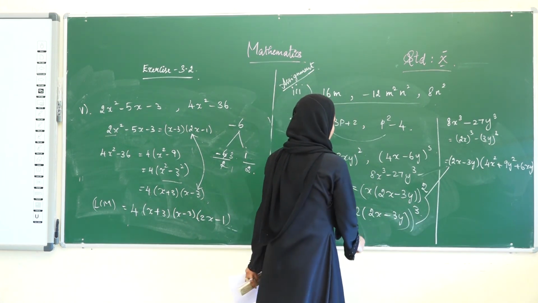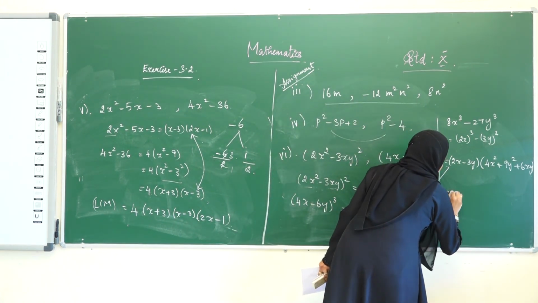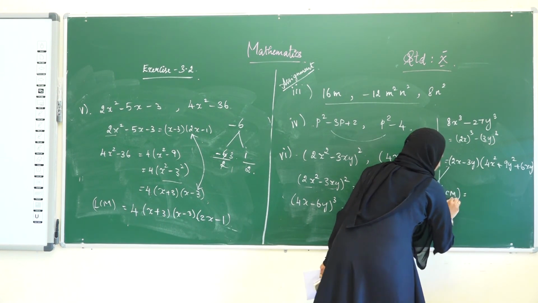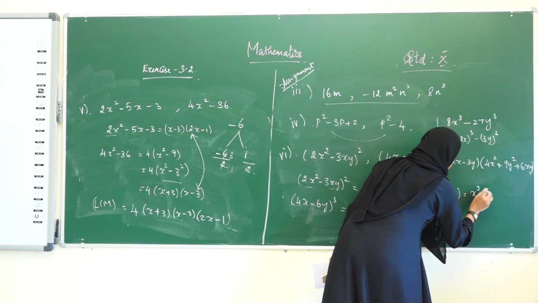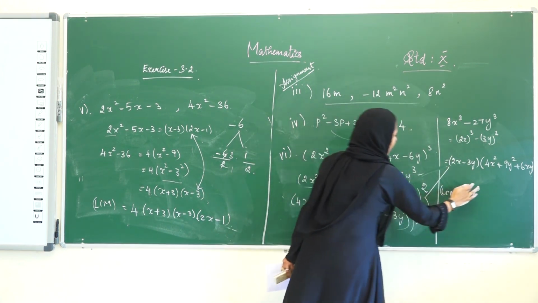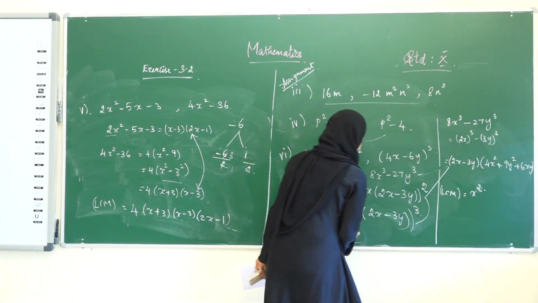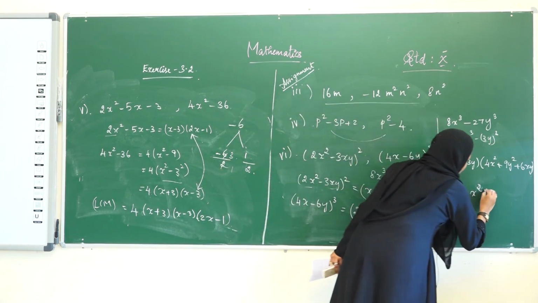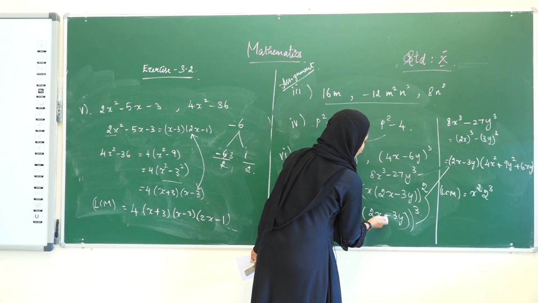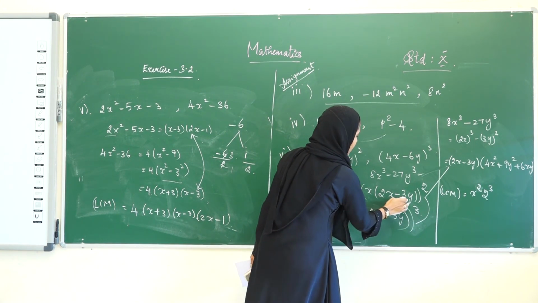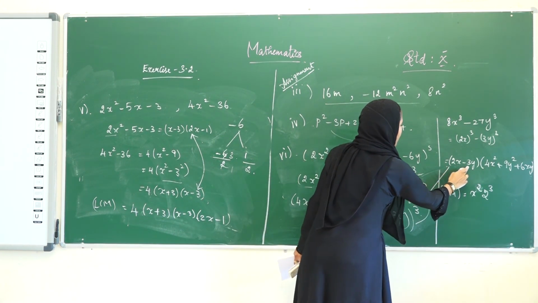Therefore, LCM equals, we can take the coefficients first. Here it is x square, therefore x square comes as it is, and here it is 2 cube, 2 cube comes as it is. Here it is 2x minus 3y the whole cube, 2x minus 3y the whole square, and here we have 2x minus 3y alone.